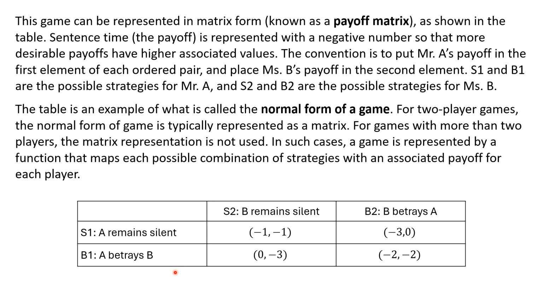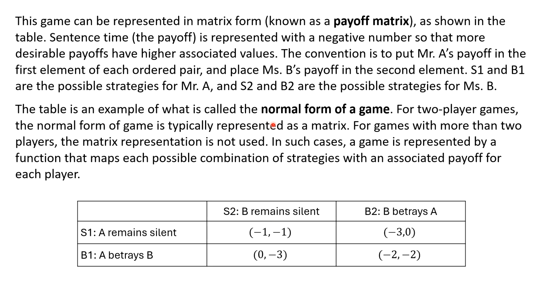And if they betray each other, then they both get 2 years in prison. So this is a symmetric game also. This entry here and this entry here are kind of the reverse of each other.